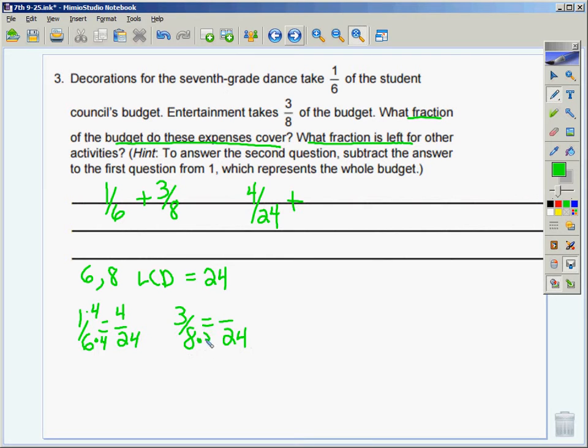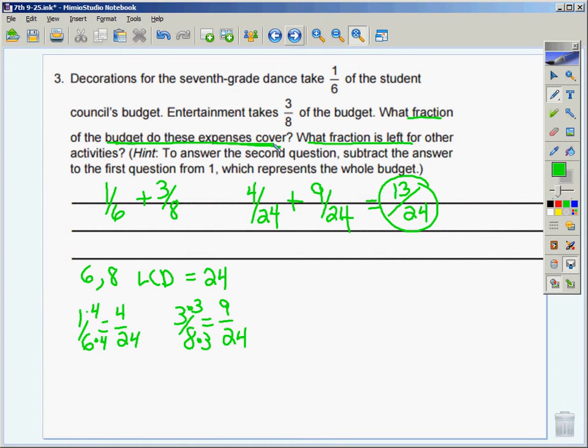I had to multiply 8 by 3, which means I'm multiplying 3 by 3 to get 9. Again, the denominator is going to stay the same. It's still 24. And I add my two numerators together. 13/24 answers the first part of this question.